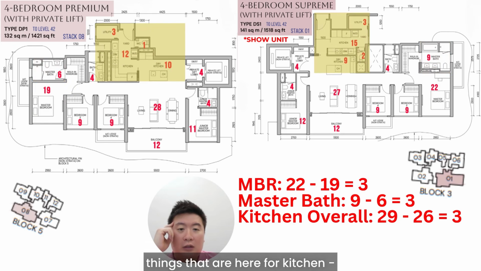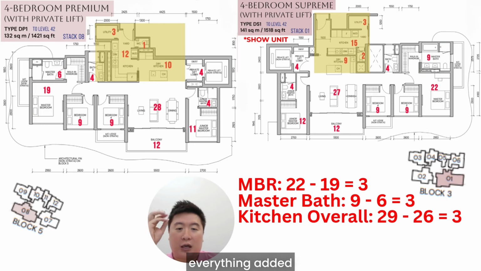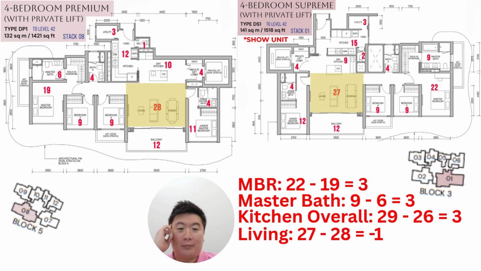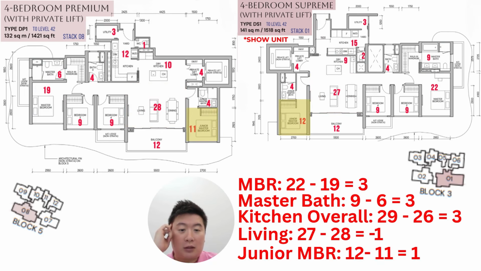If I take all the different things that are here, for kitchen, your dry kitchen, your WC, your utility, etc., everything added together, 3 square meter more in the 4 bedroom Supreme. Now, ironically, the living room is actually slightly smaller. The living room on the 4 bedroom Supreme is 1 square meter smaller than the 4 bedroom Premium. Then the next would be the junior master bedroom.